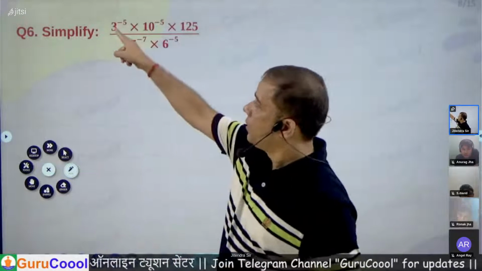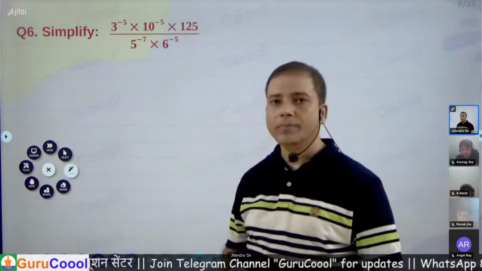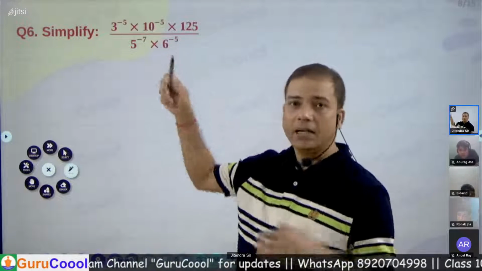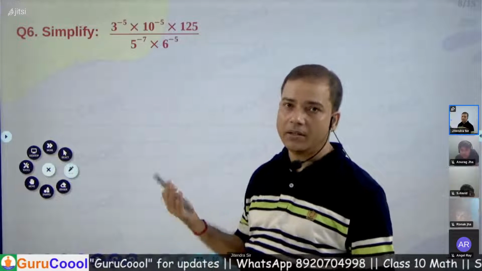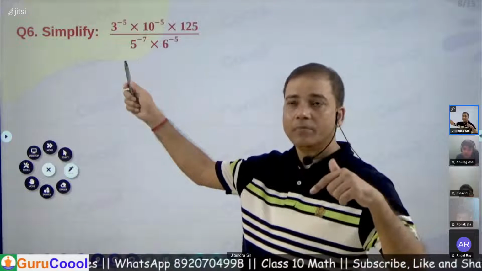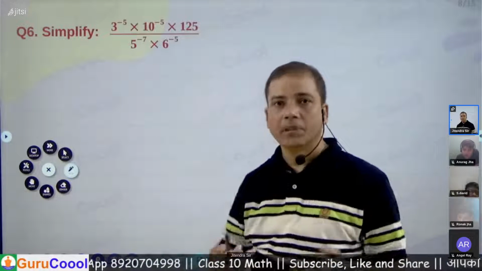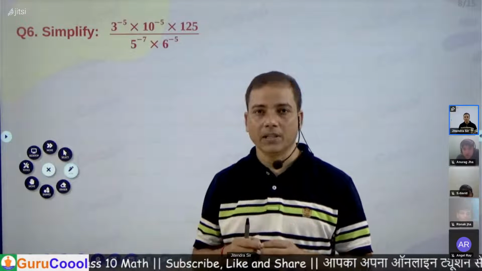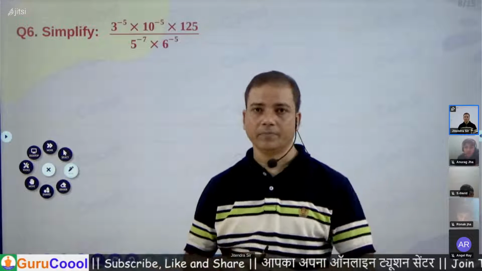Base 3 in the numerator, but no base 3 in denominator. Base 10 in numerator, but no base 10 in denominator. Base 5 in denominator, but no base 5 in numerator. It's a problem. We need same bases in the numerator and denominator.